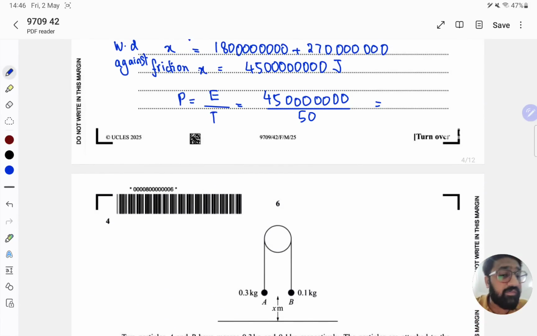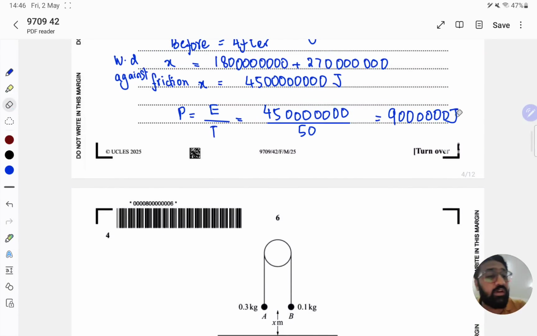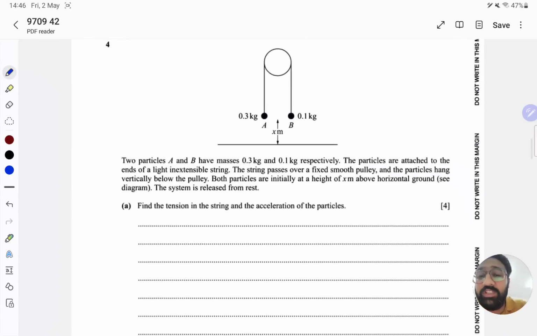So it's 900,000, no, 9,000 3 and 6 joules. Okay, oh no, it was not joule, it's watt. We found power. Let's move to question number 4.